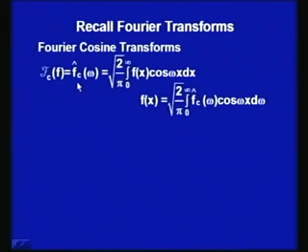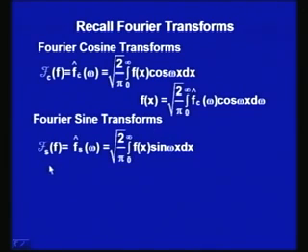We had used two kinds of notations, either F_c of f, that is the Fourier cosine transform of f, or another term, f_c hat(omega), that is at omega. Or the Fourier sine transform, similarly defined as square root 2 upon pi integral 0 to infinity f(x) sin(omega x) dx.